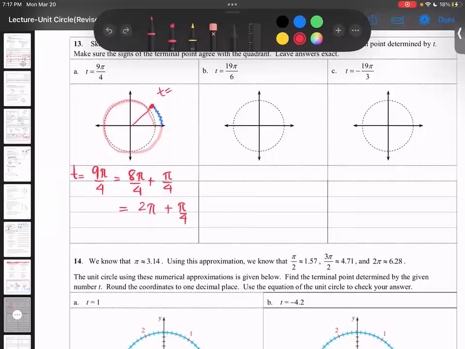So that little bit of distance right here, t prime, equals pi over 4. What is the point? What is that point right there? T equals 9 pi over 4 is root 2 over 2, comma, root 2 over 2.